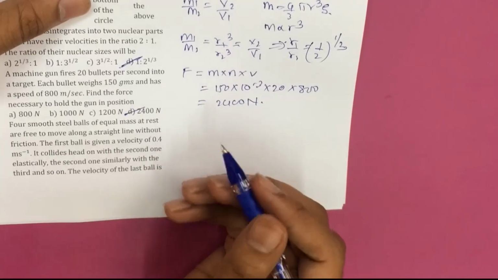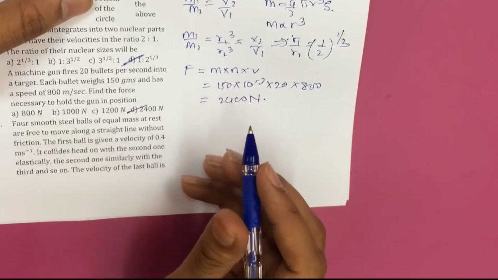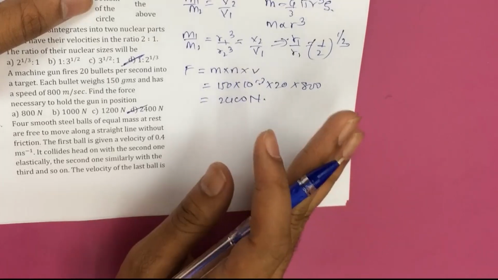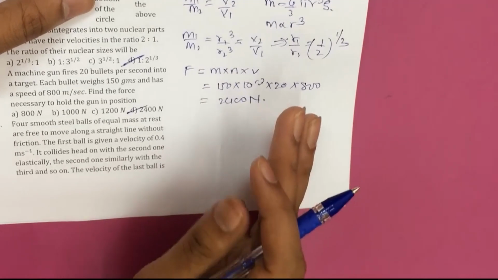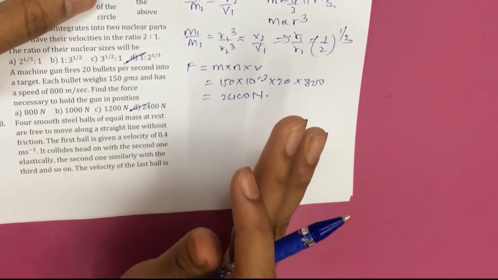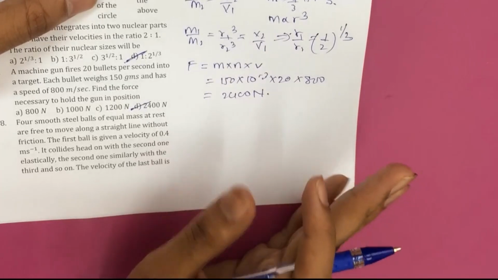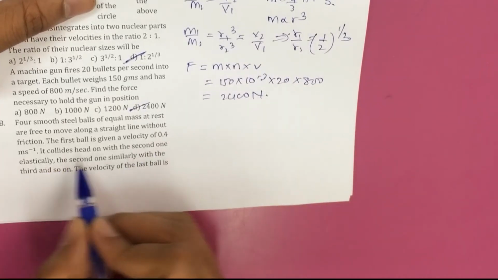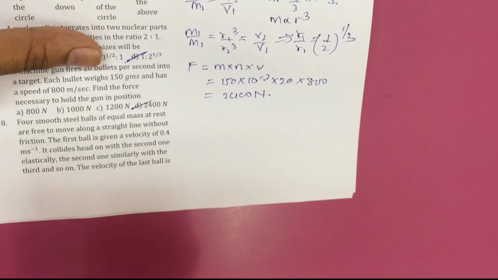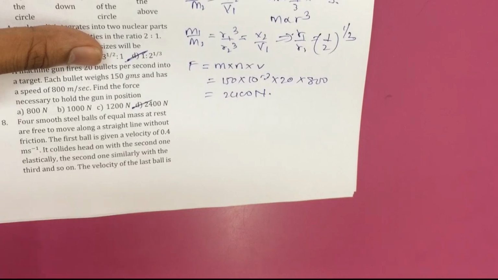Now, if after the collision of two bodies, the total kinetic energy of the bodies remains the same as it was before the collision, and also the momentum remains the same, then it is a case of perfectly elastic collision. Here, since it is mentioned the collision is elastic, momentum before and after collision would be the same, and kinetic energy before and after collision would be the same.